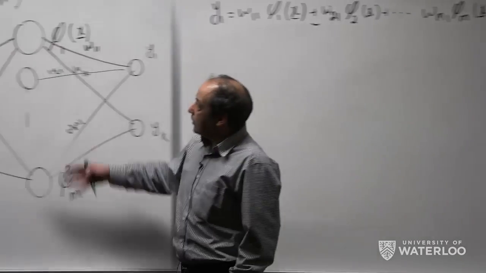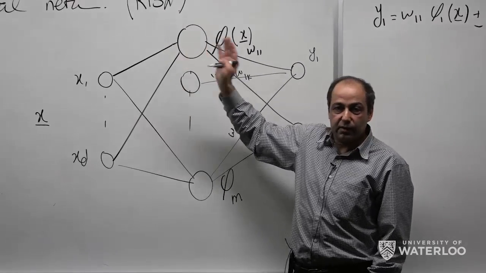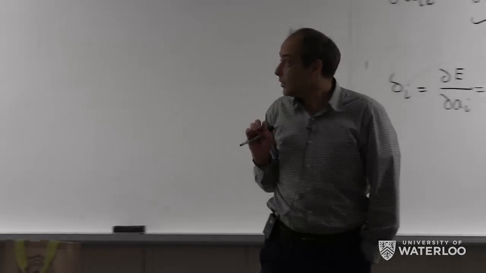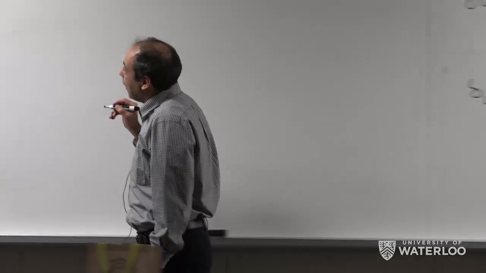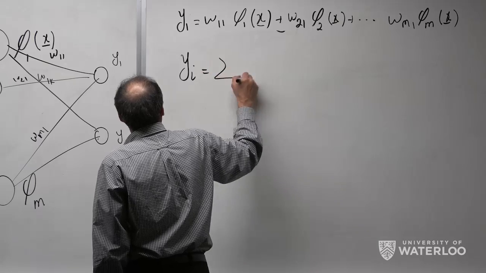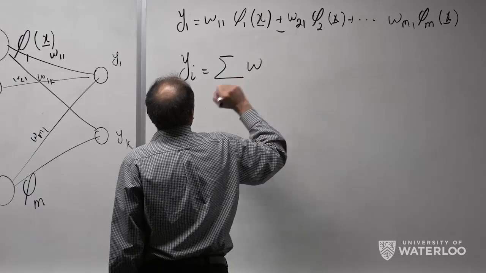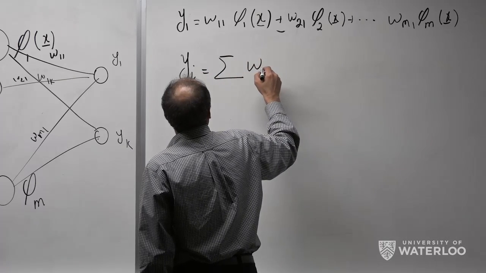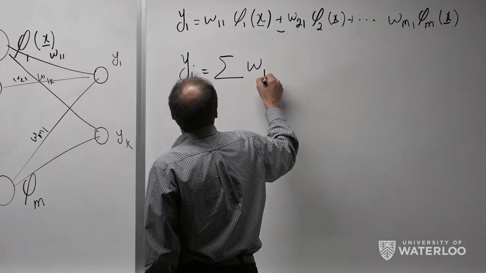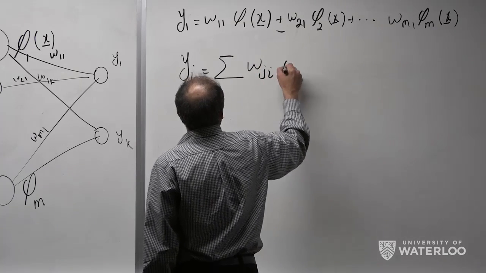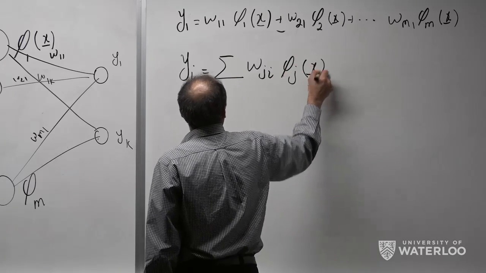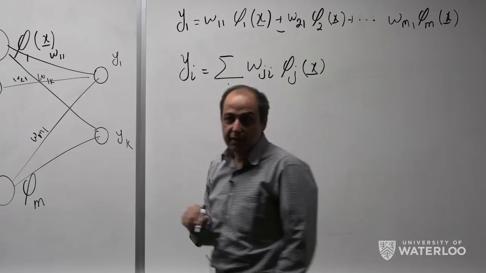These are called basis functions, and since usually we use radial functions here, it's called radial basis functions. So y_i is a linear sum of w_ji phi_j(x) over all j.